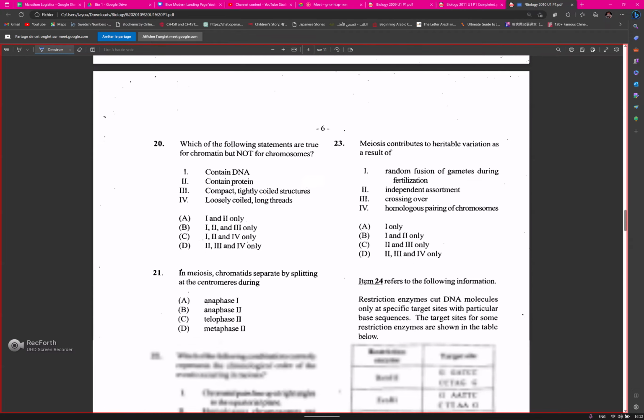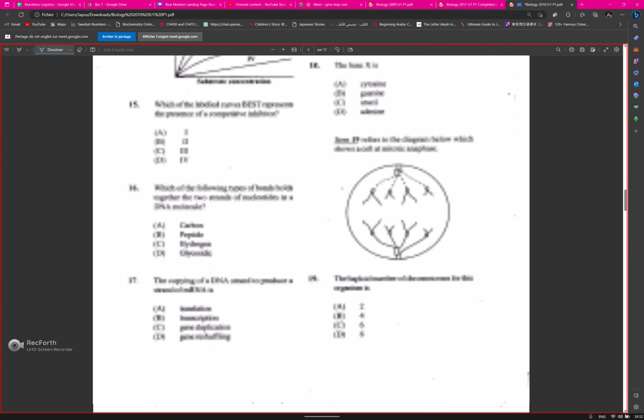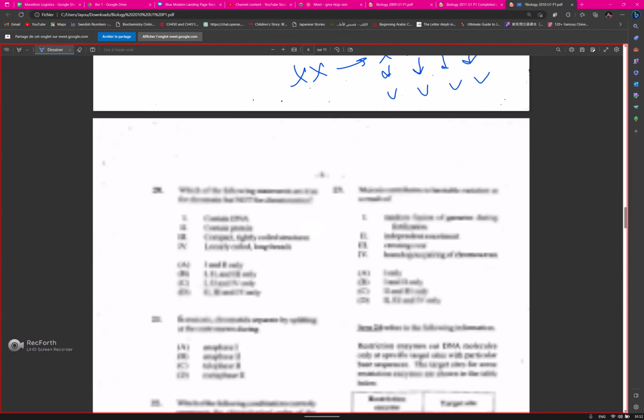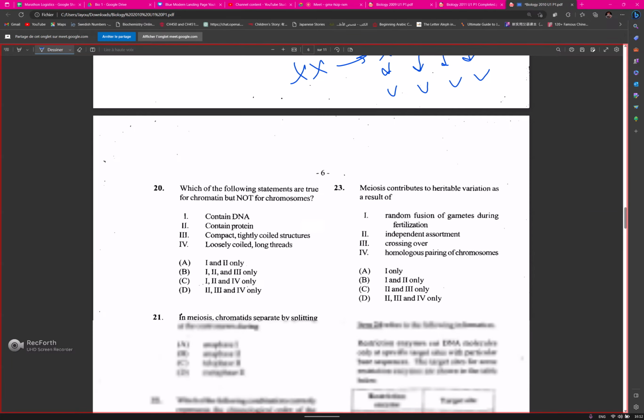17. The copying of DNA strands to produce a strand of mRNA is... Alright, so which of the following statements are true for chromatin but not for... As when they had this question, that they use it over and over again.